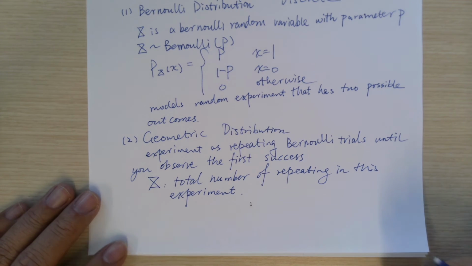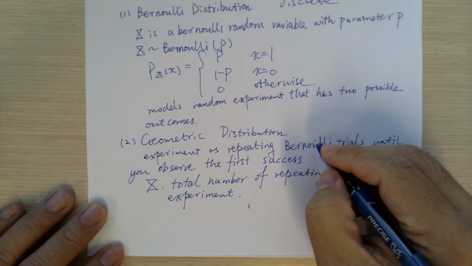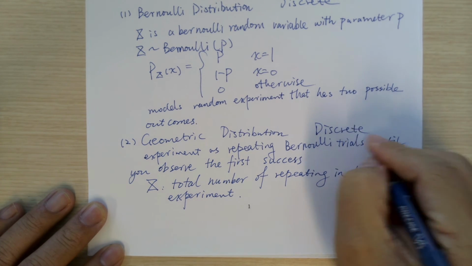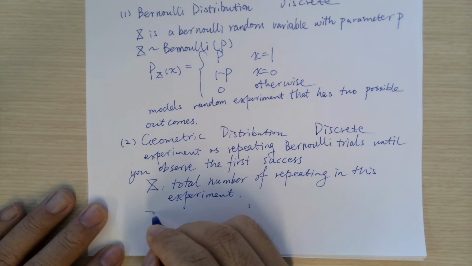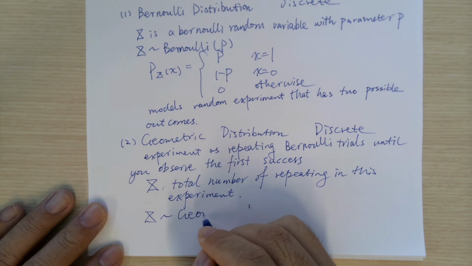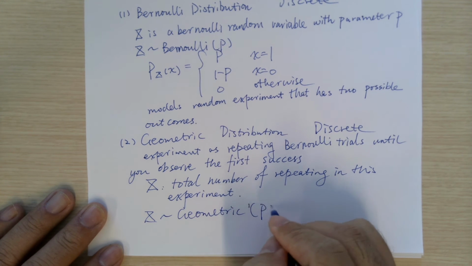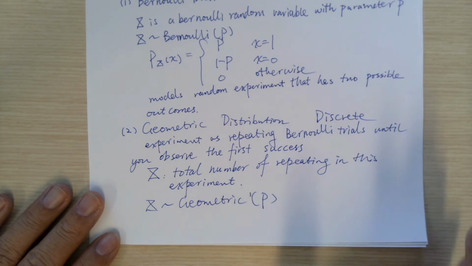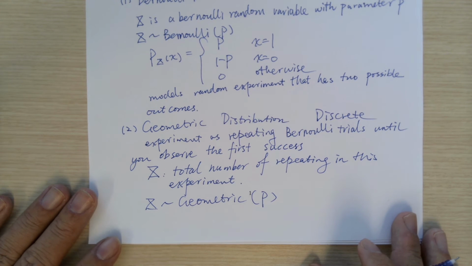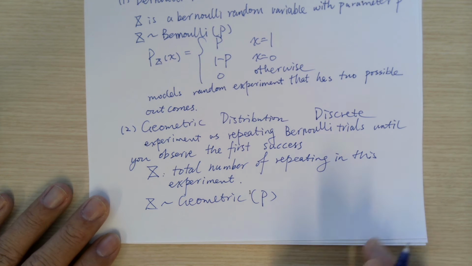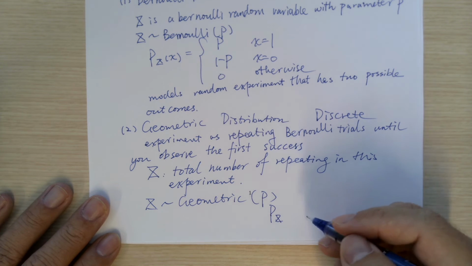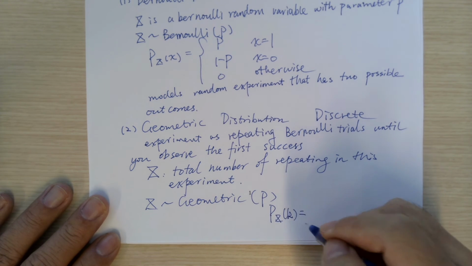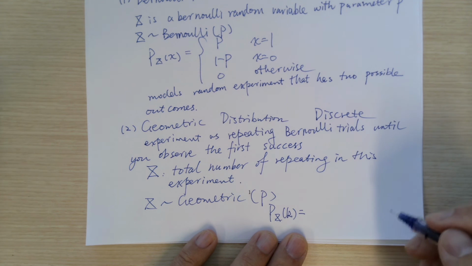So again, this is discrete. We always write this as Geometric(p), where p stands for the success probability. The PMF is in terms of k, where k is the number of repetitions in this experiment.